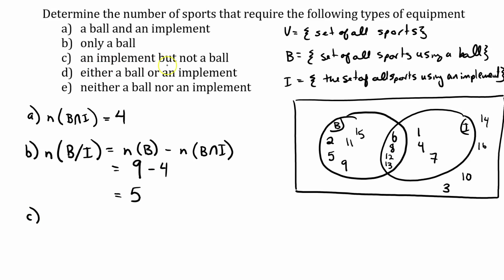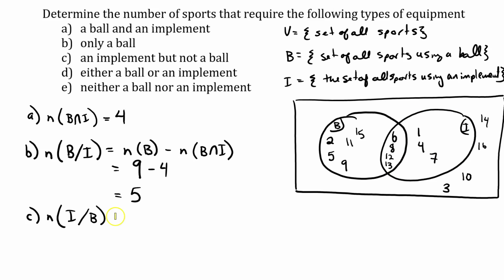Question C, an implement but not a ball. So the number of elements in I, not B. We're talking about this section right here that I'm about to highlight. Just this in here. Okay?